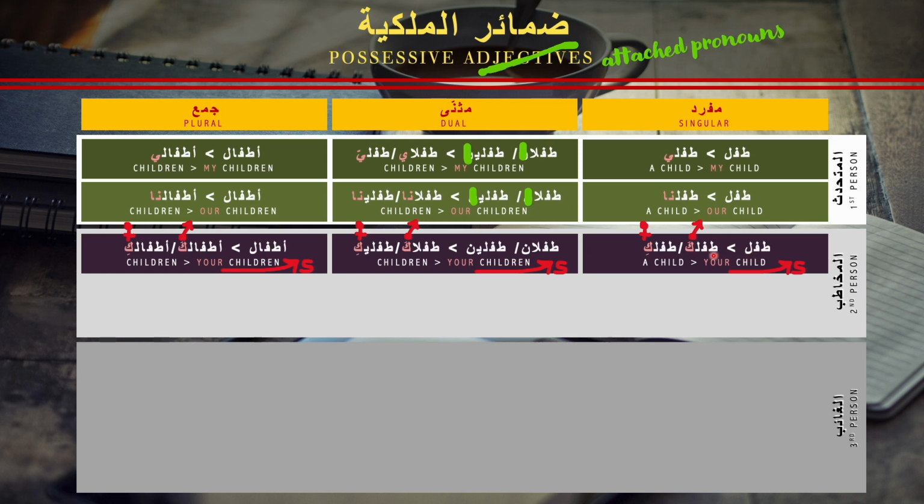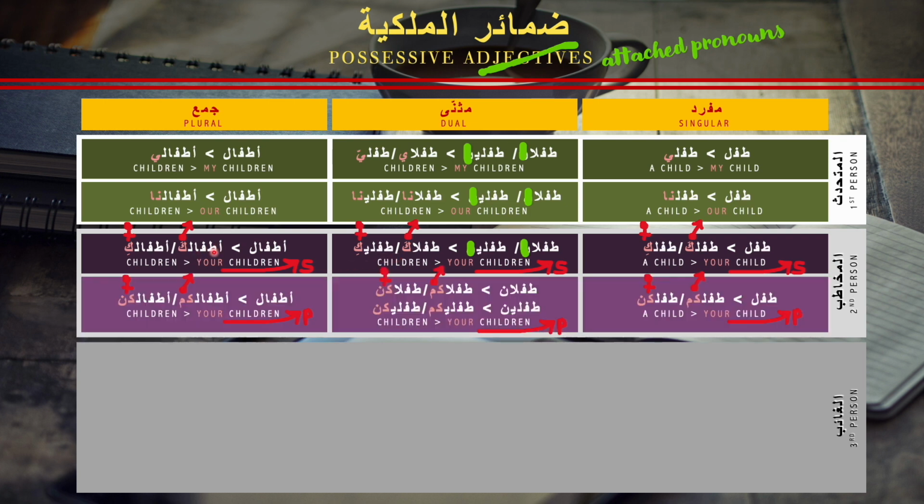So طفل, طفلك, طفلكِ, or طفلُكِ if we want to say it in the modern standard pronunciation. So for the dual, it becomes طفلان or طفلين, dropping the noon, طفلاك, طفلاكِ, طفليك or طفليكِ. For the plural is أطفالك or أطفالكِ.